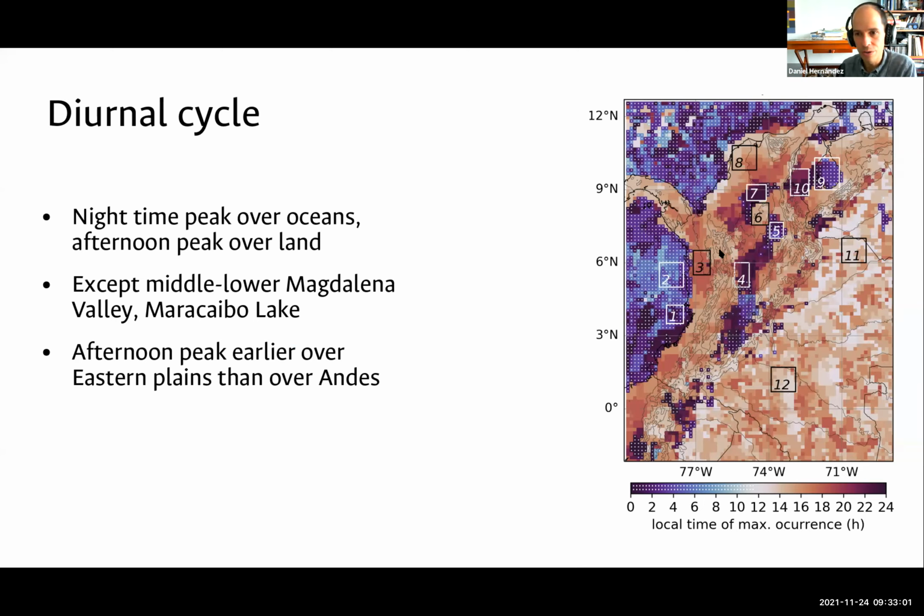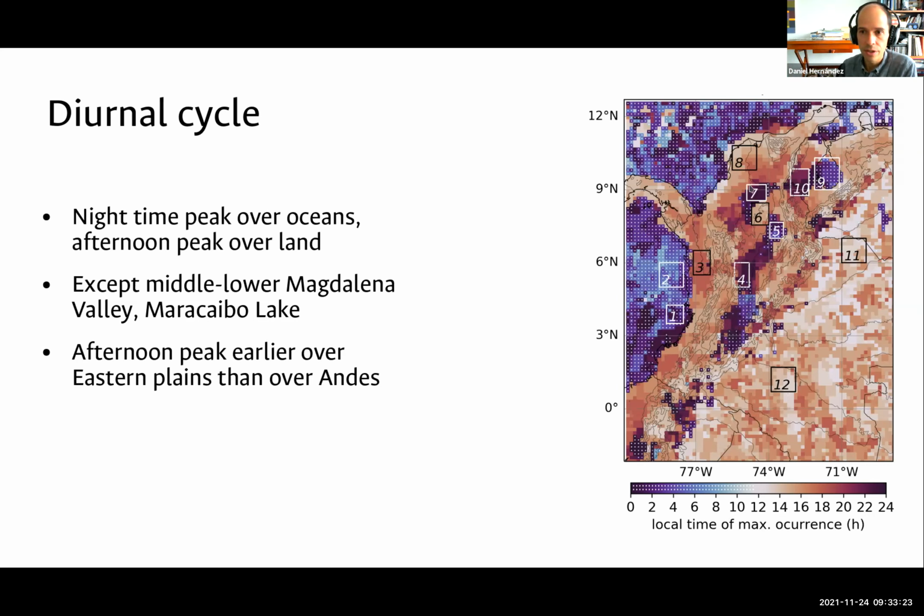But not everywhere. So you see that there are some particular parts where we have nighttime convection over land. And the most well-known is here Maracaibo Lake, where we have this extreme peak in lightning as well. So convection here in this region, and also in the box just next to it, is mainly nocturnal convection.